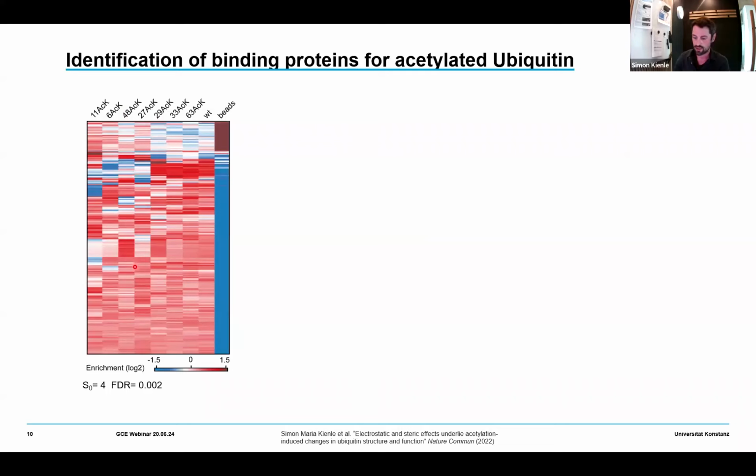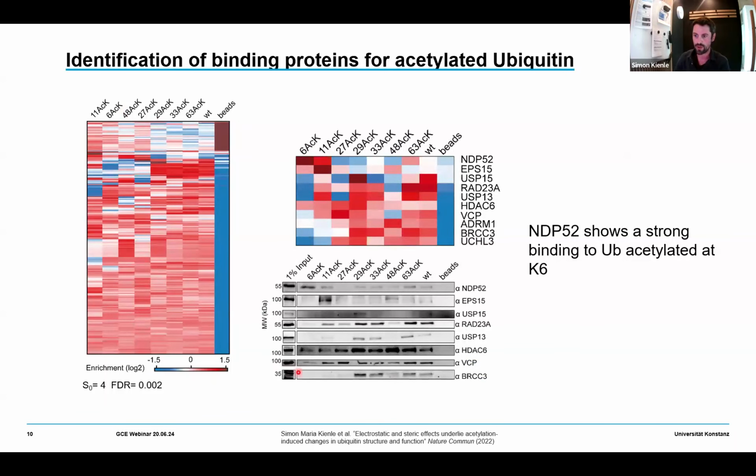We then went into more detail with those binding proteins and confirmed some of them via Western blot analysis. And they showed nice overlap with the binding behavior which we obtained with mass spectrometry.